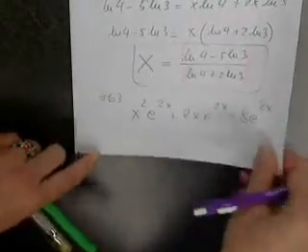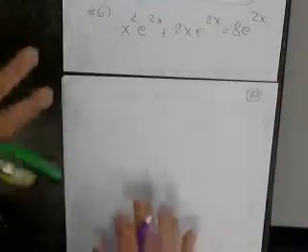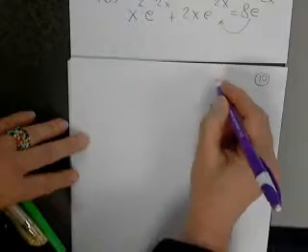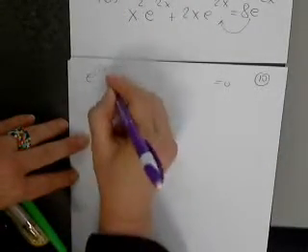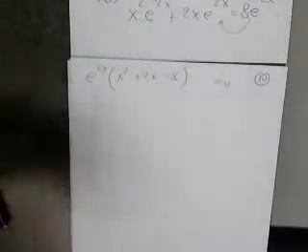Any suggestions here? We should factor out e to 2x. Of course. So first I'll move this term, set everything equal to 0, and I will factor out e to 2x. X squared plus 2x minus 8. Excellent.